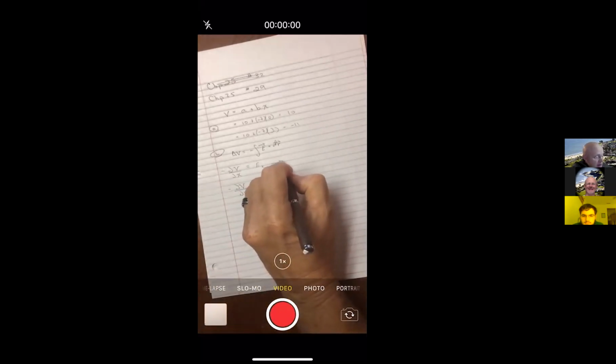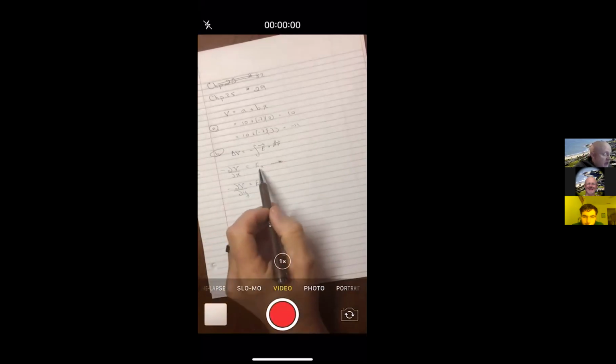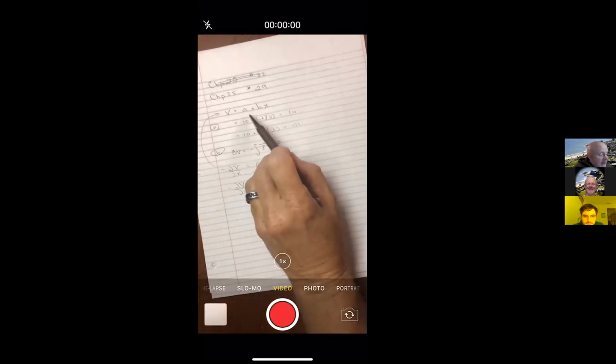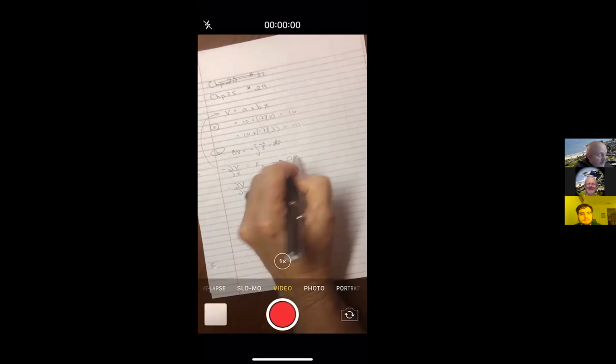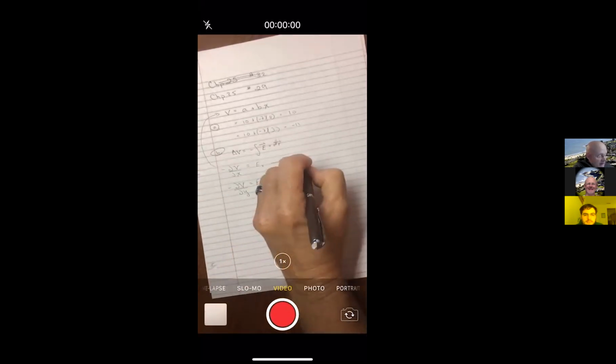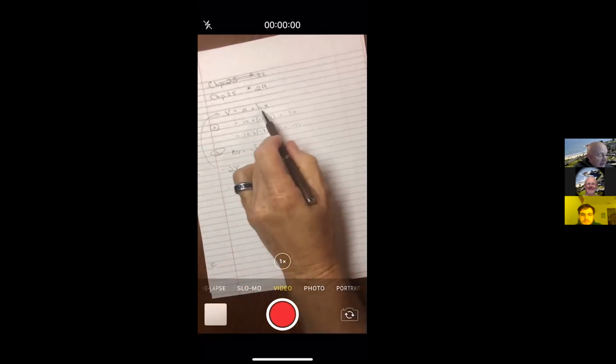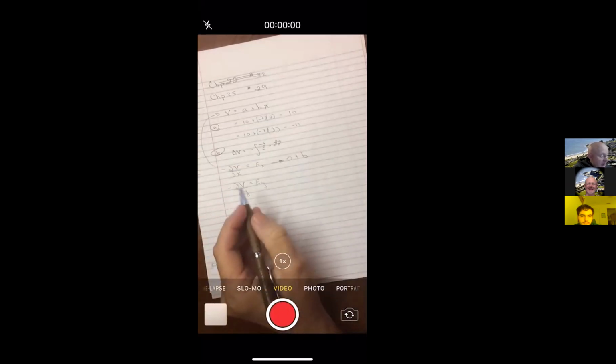Okay, so this problem is asking for the magnitude and the direction. So I'll just do the components, and that will give me the magnitude and the direction. If I come back up here to this equation and I take its derivative with a negative in front of it, the derivative of A is 0. The derivative of bx is just b.